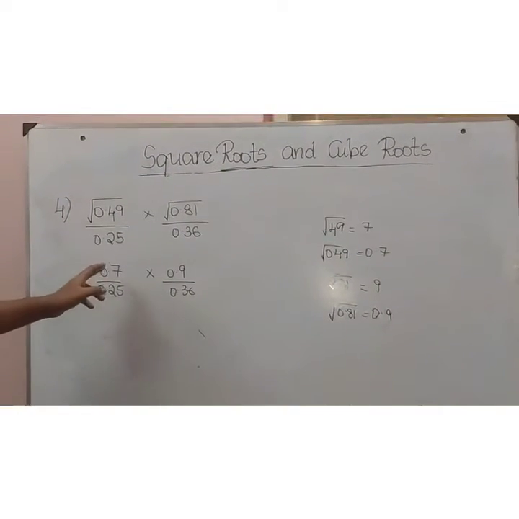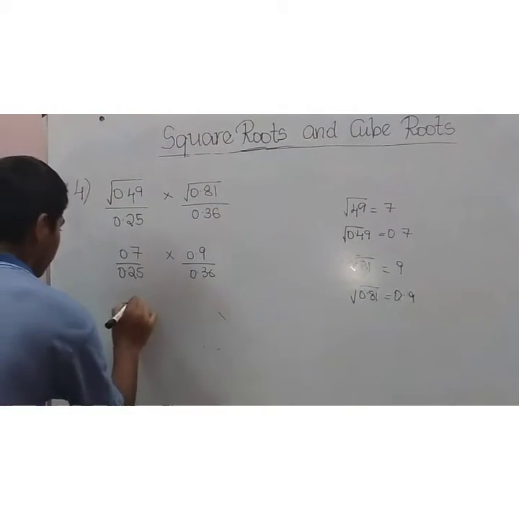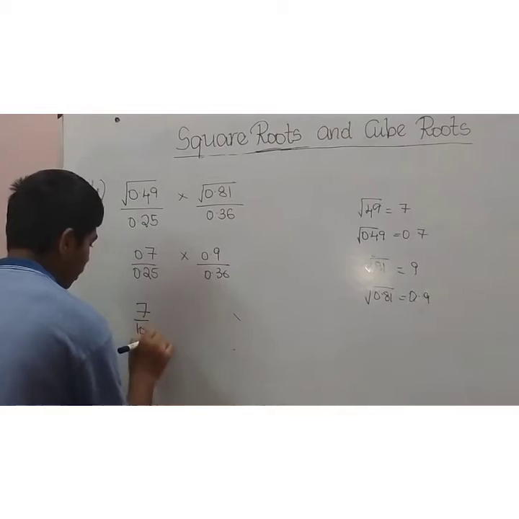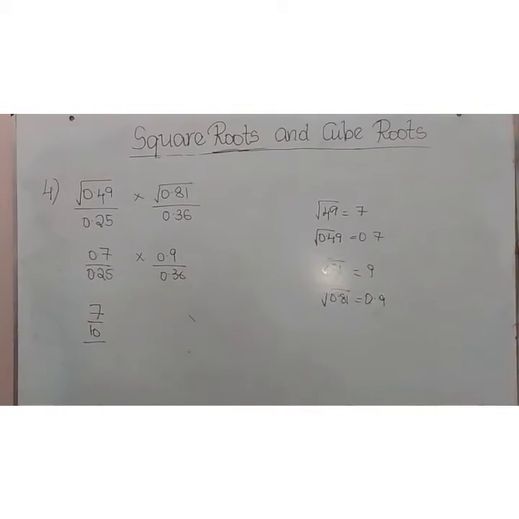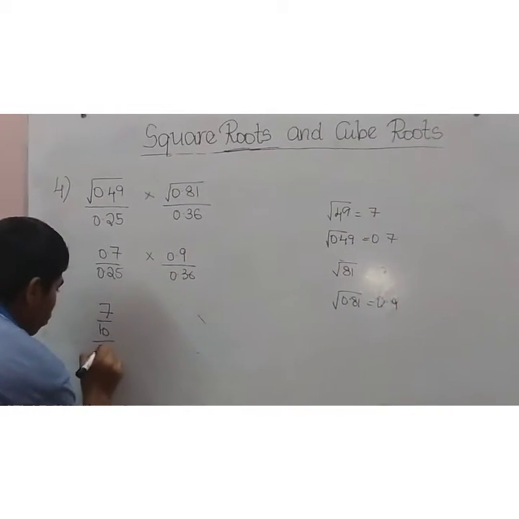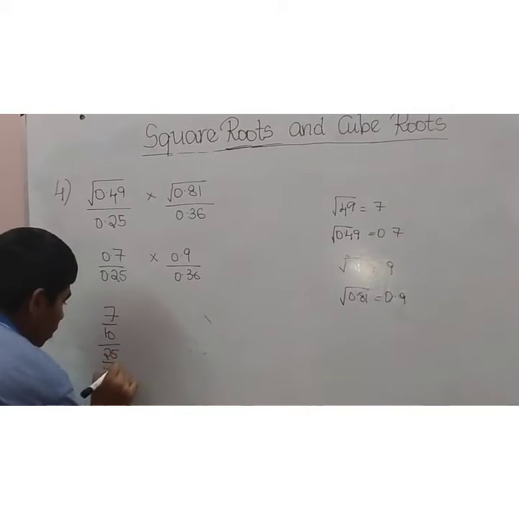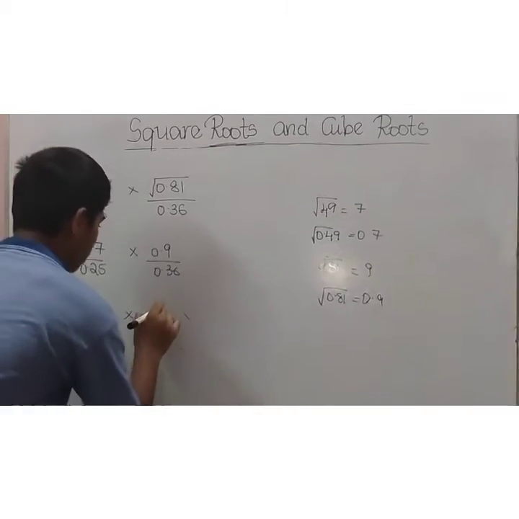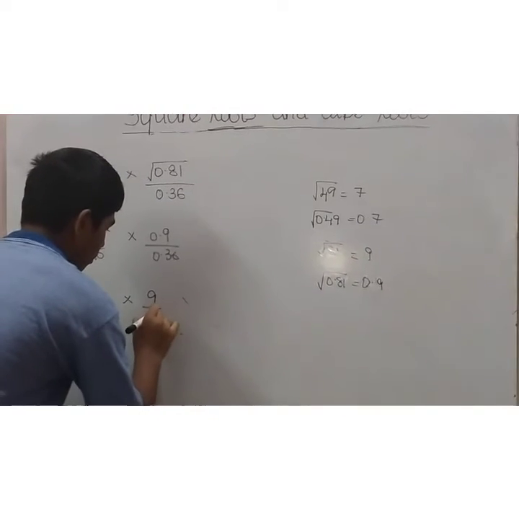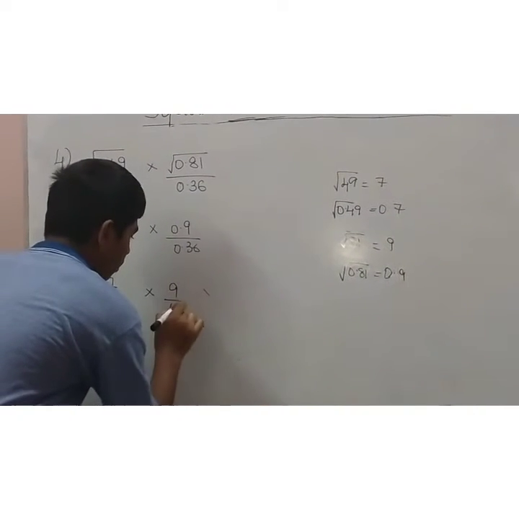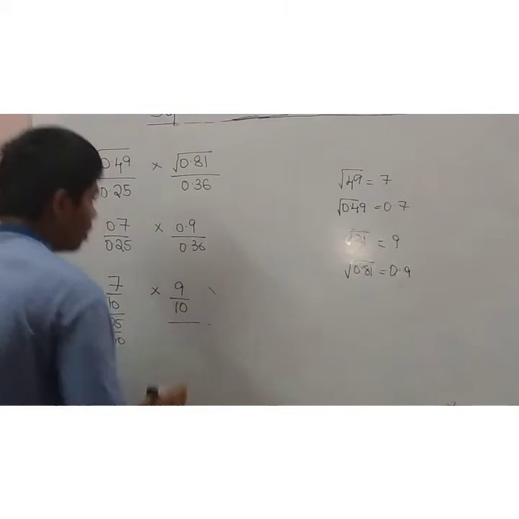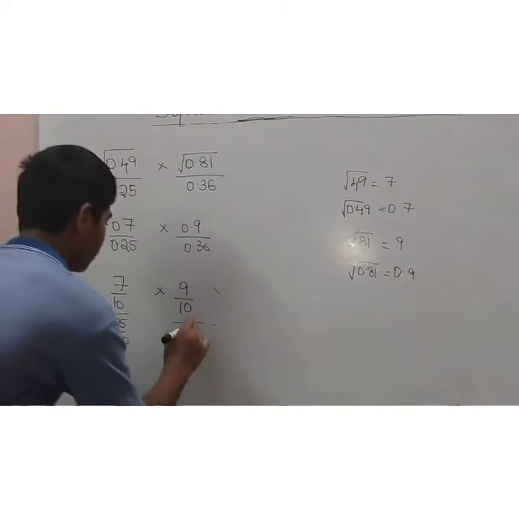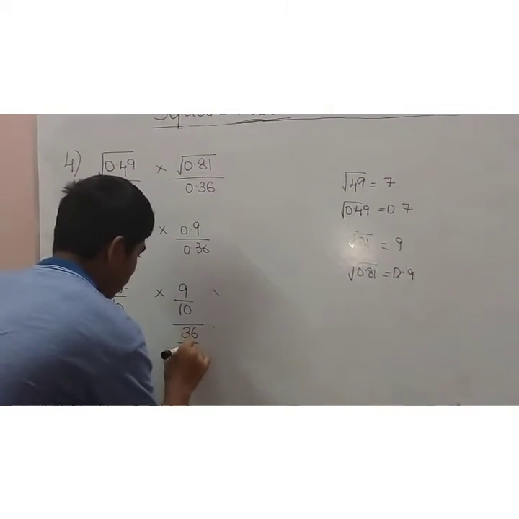We all know that 0.7 is also written as 7 by 10, divided by 0.25, which is 25 by 100, into 0.9, which is 9 by 10, divided by 0.36, which is 36 by 100.